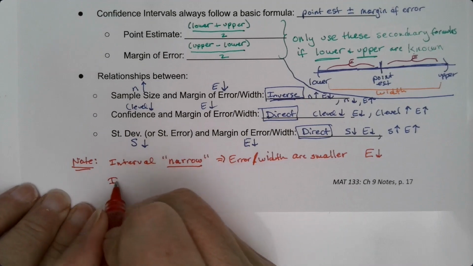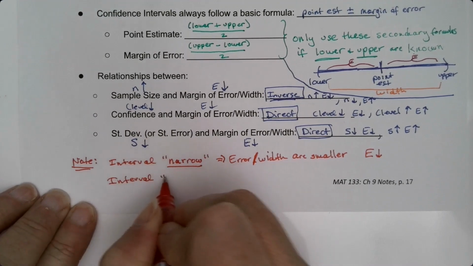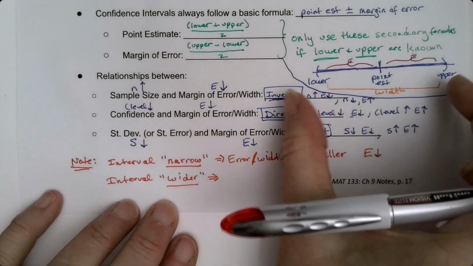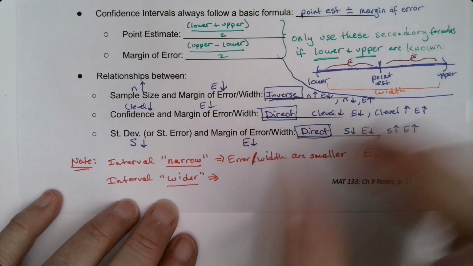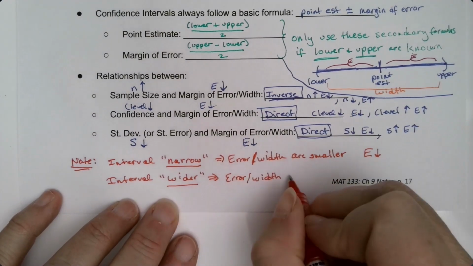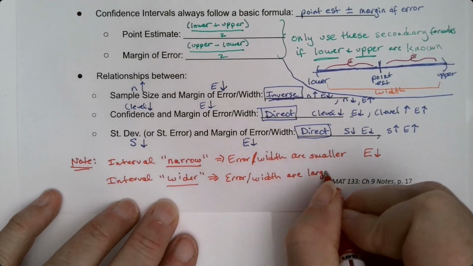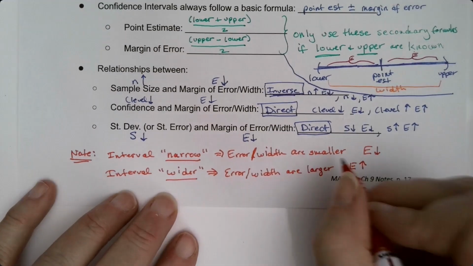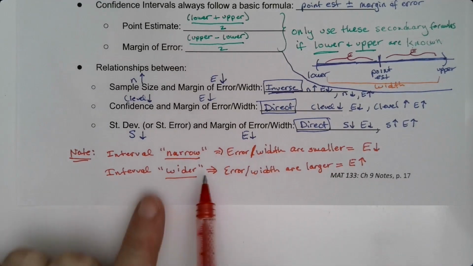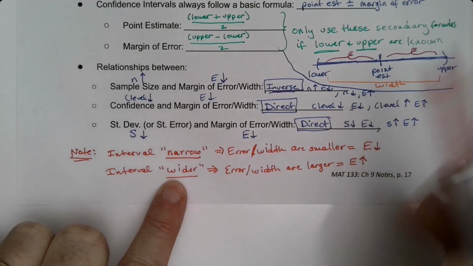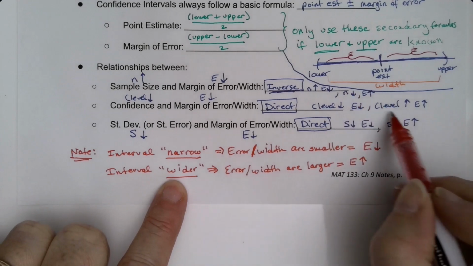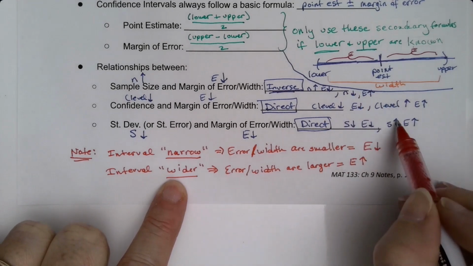If the interval is wider, that means that your error, if it's wider, it's stretching. So the error or the width, same thing, basically, are larger, which means your error is going up. So if I say to you, what makes the interval wider? Interval wider happens when your sample size goes down or when your confidence level goes up or your S goes up.